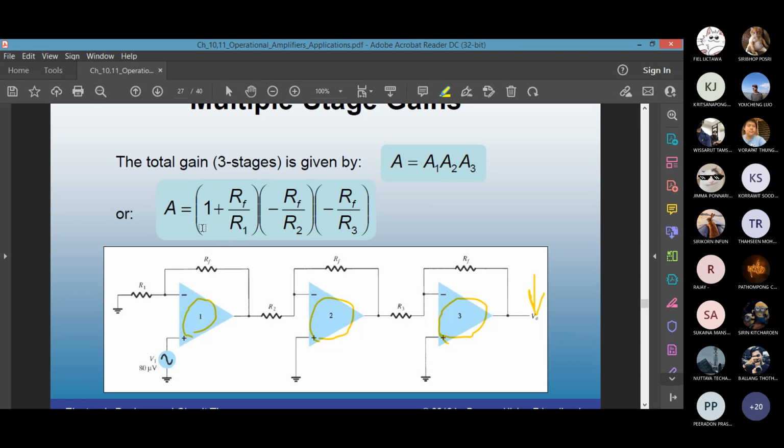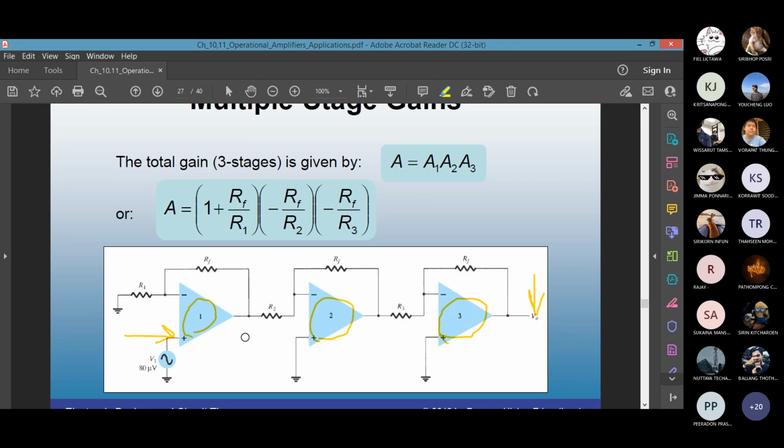Why is the equation like this at the bottom? As you can see, the first one has input on the non-inverting pin. So it's 1 plus RF over R1. The second and third stage op-amps are both getting input on the minus pin. That's why the equation is minus RF over R2 and minus RF over R3.